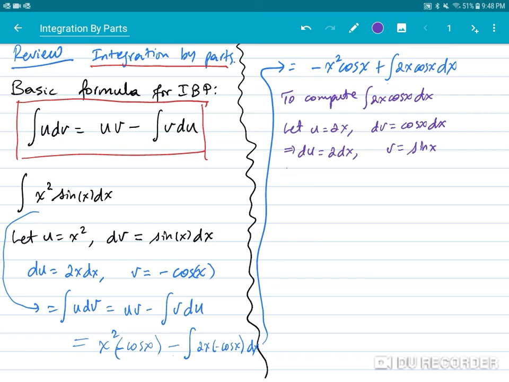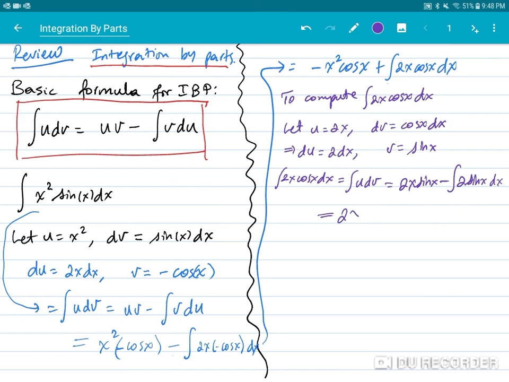So then this expression is the integral of u dv, which is uv, that's 2x sine x, minus the integral of v du, 2 sine x dx. Now the integral of 2 sine x dx is minus 2 cos x.